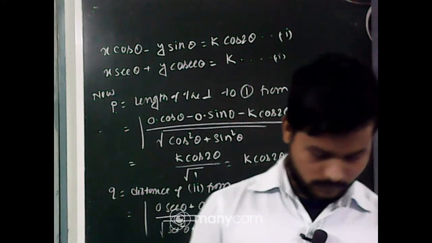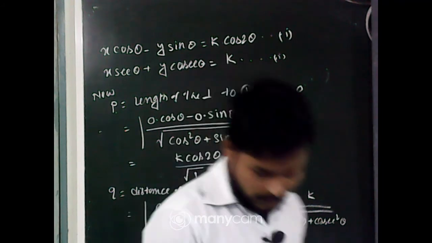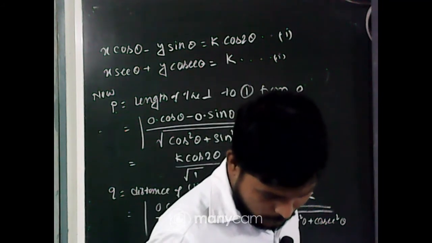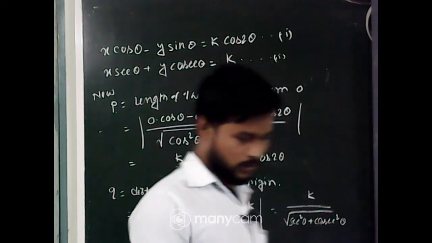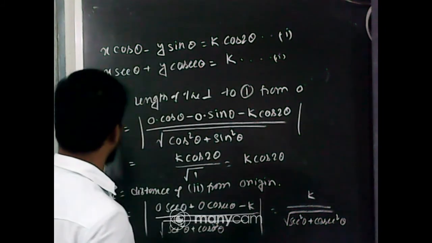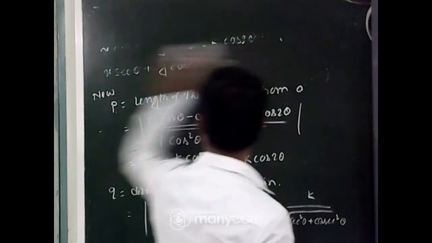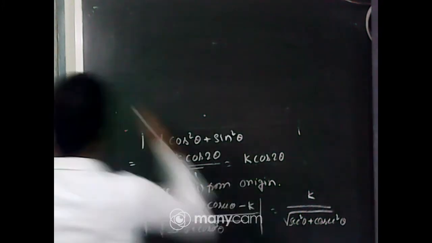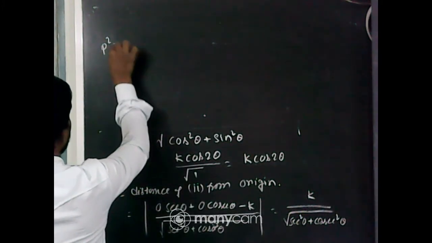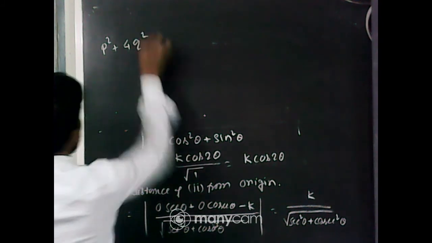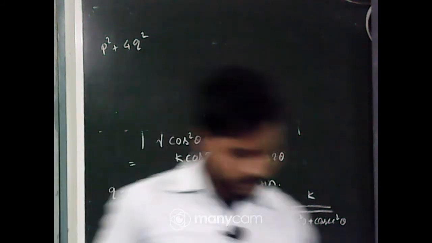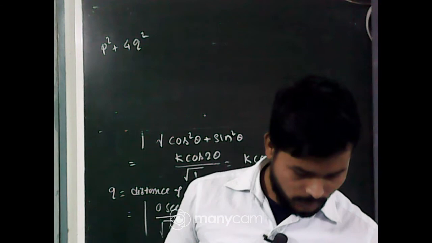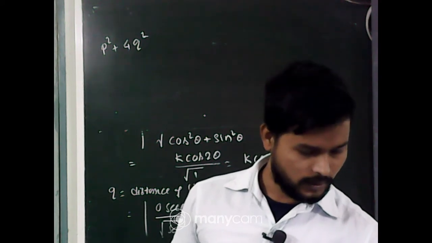Now we have to prove that p square plus 4q square equal to k square. So write the left hand side. I'm rubbing this portion. Now find the value of p square plus 4q square, and we have to prove this value will be equal to k square.